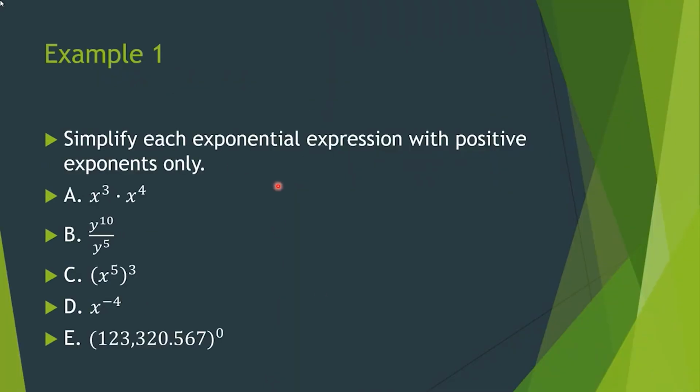Here are some examples of the rules that we just went over. Typically they'll ask you to simplify and leave it as an exponential expression.